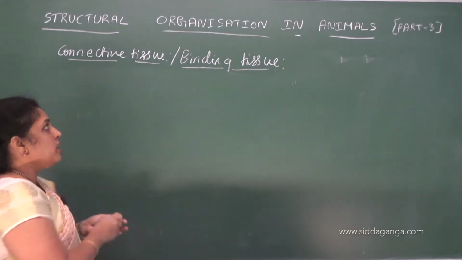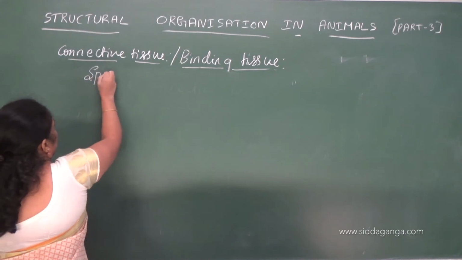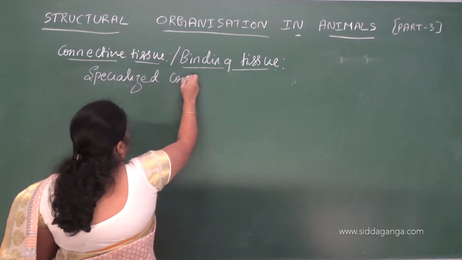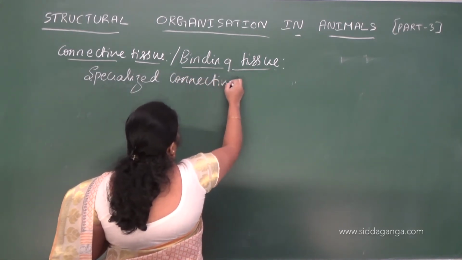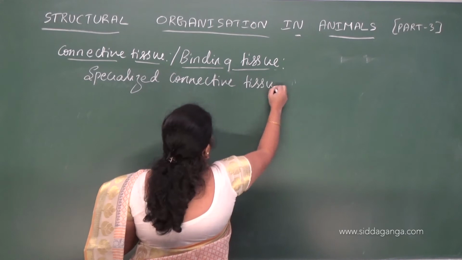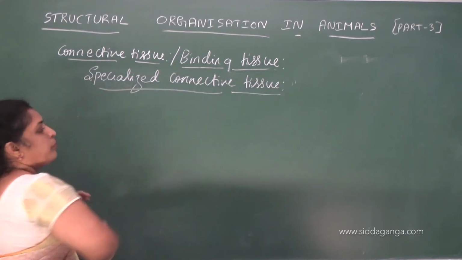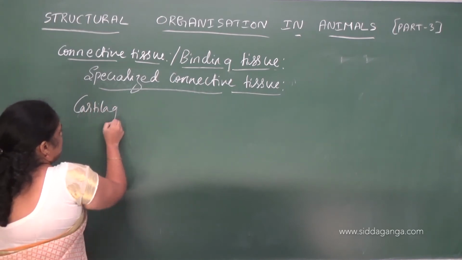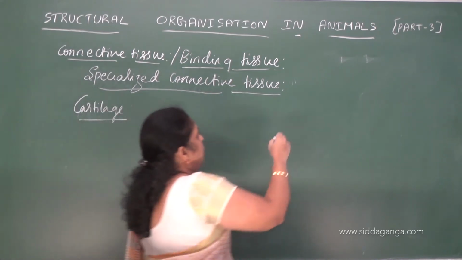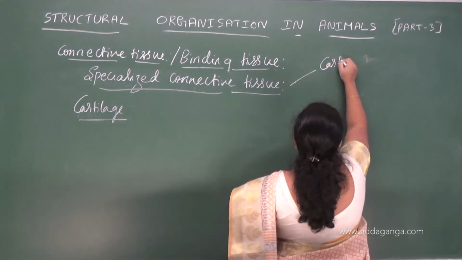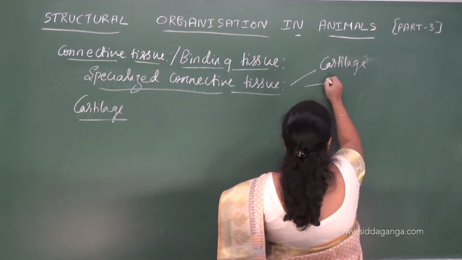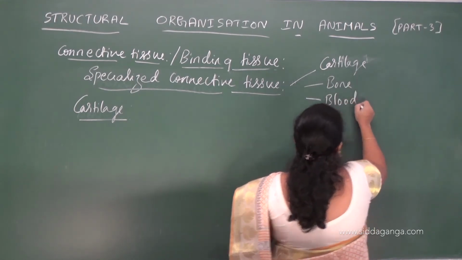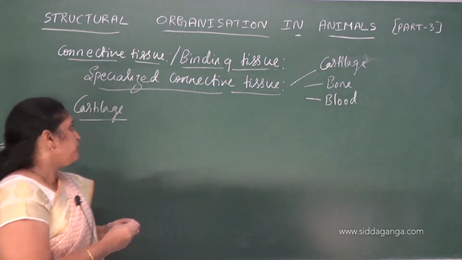Coming to specialized connective tissue, we have cartilage, bone and blood.